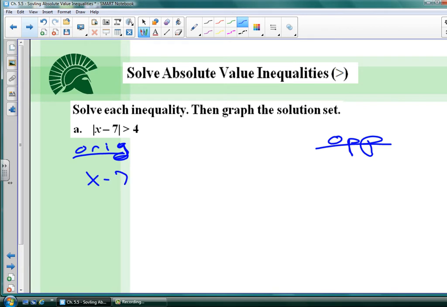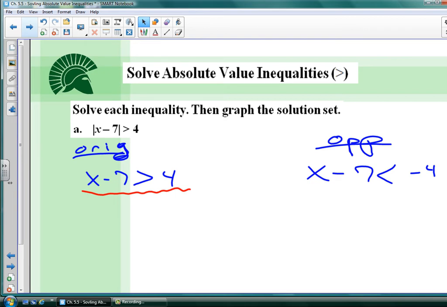So I have x minus 7 is greater than 4, and I have x minus 7 is now, put my opposite, and since it says greater than 4 on the original, for my opposite, it has to be less than negative 4, because I'm flipping the inequality sign and making the number negative.